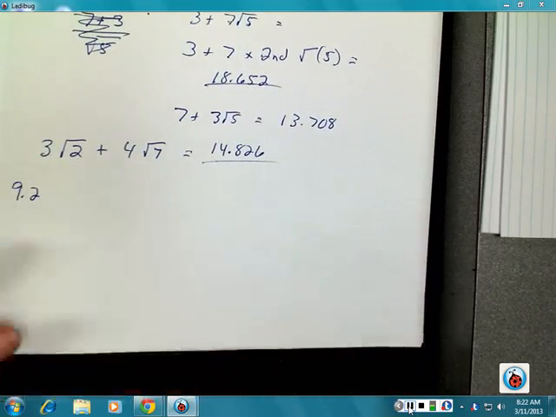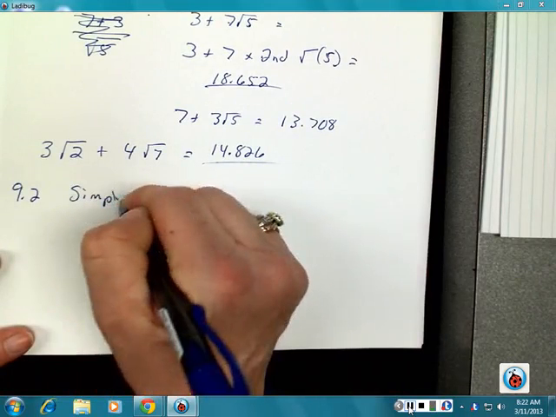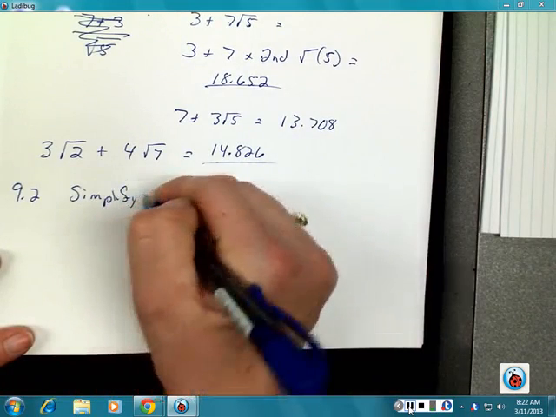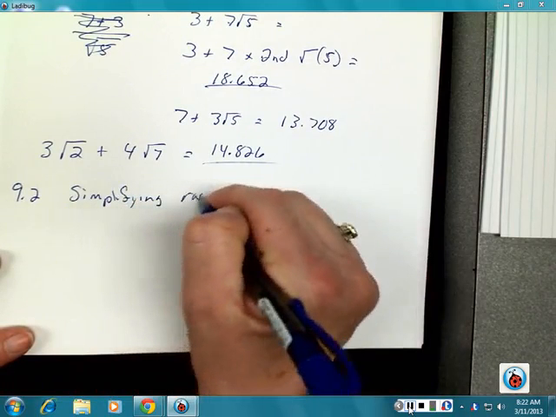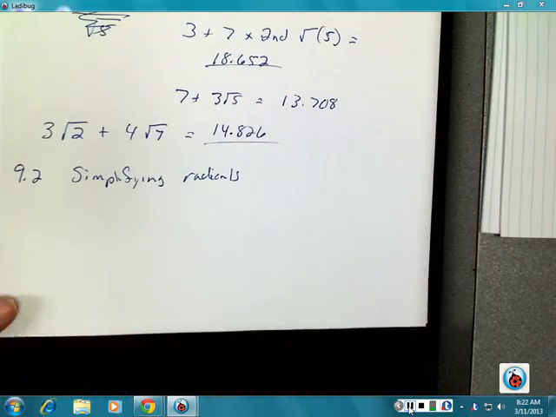So 9.2 is simplifying radicals. Now, in 9.2 or 9.1, we just basically took all these radicals and we just solved them based on getting a solid decimal answer or a rational answer or an irrational answer out of those.